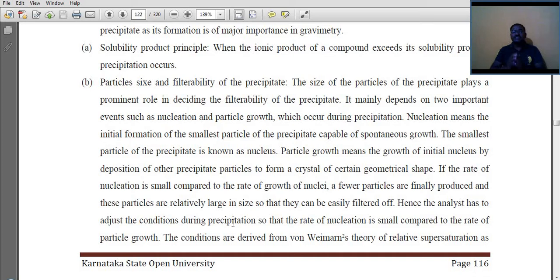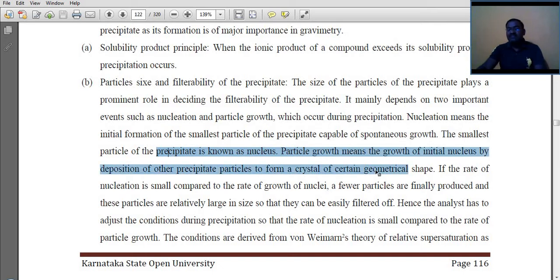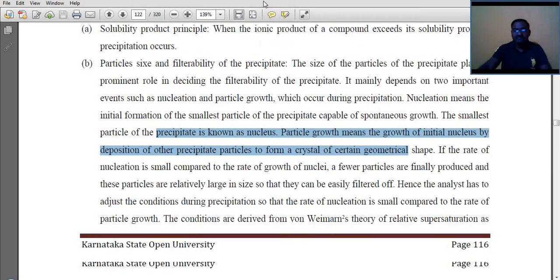Nucleation means the initial formation of the smallest particle of the precipitate capable of spontaneous growth. The smallest particle of the precipitate is known as the nucleus. Particle growth means the growth of the initial nucleus by deposition of other precipitate particles to form crystals of certain geometrical shape.